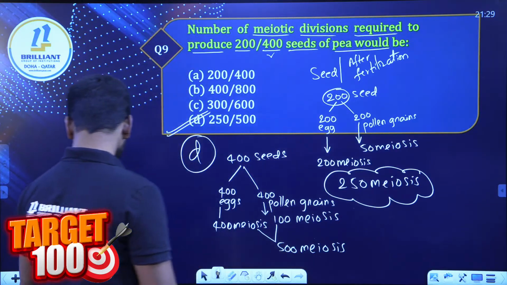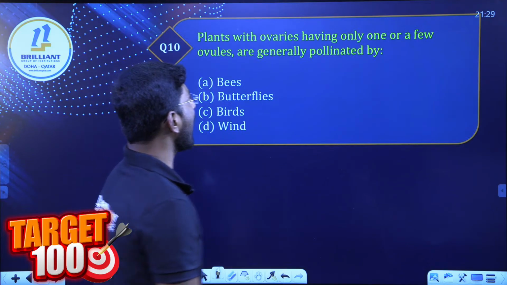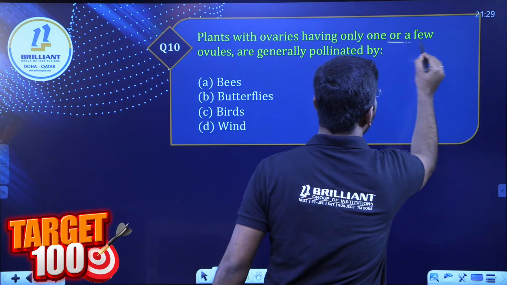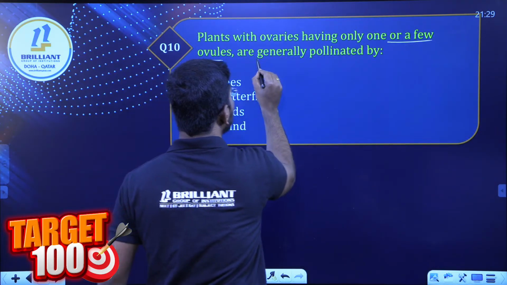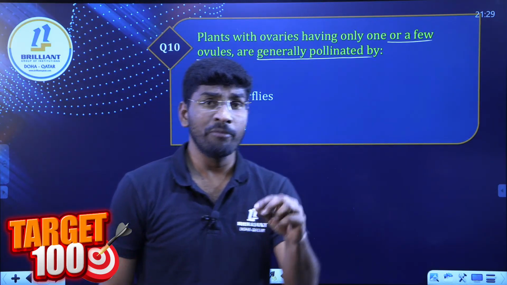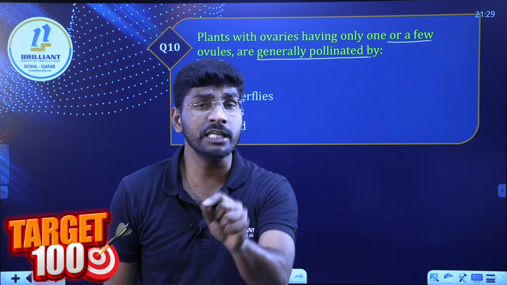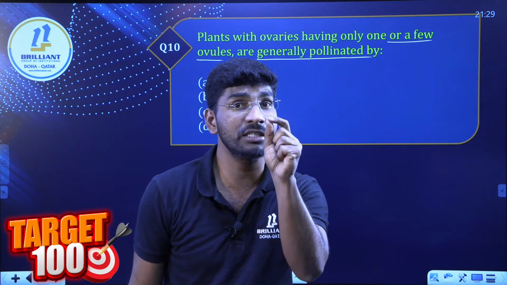Next question. Plants with ovaries having only one or few ovules are generally pollinated by. In the exam, wind pollination and insect pollination characteristic feature questions will come.